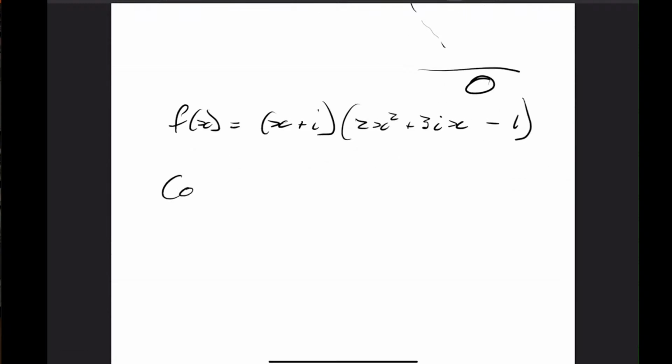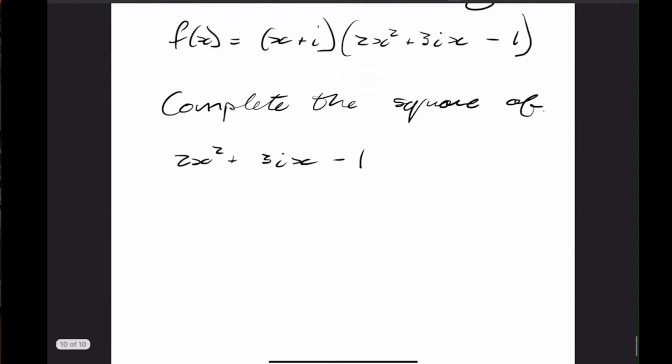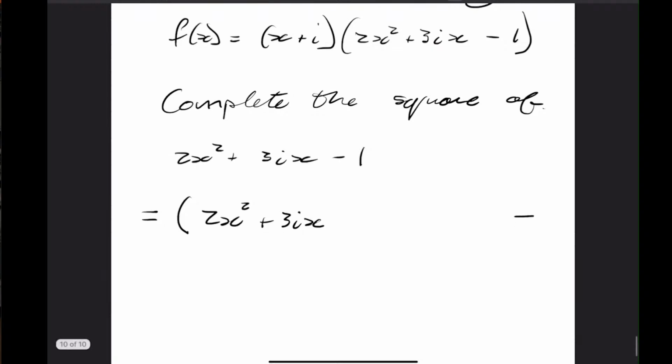So what we will do is complete the square of that quadratic, 2x squared plus 3i x minus i. By completing the square, we are going to write our polynomial in the following form. I'm going to put some brackets, and we're going to put the constant term way out there.